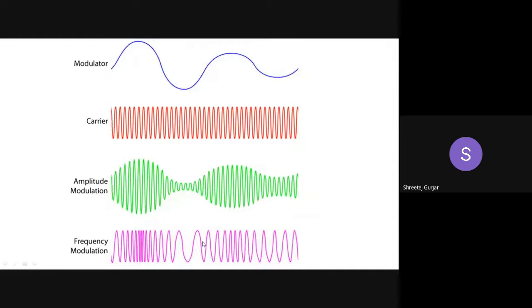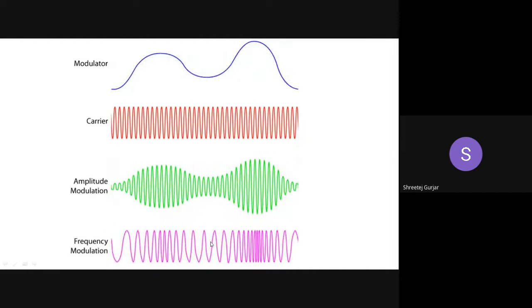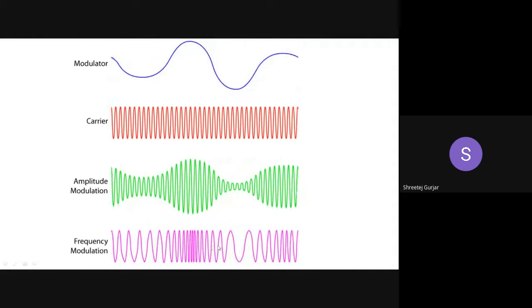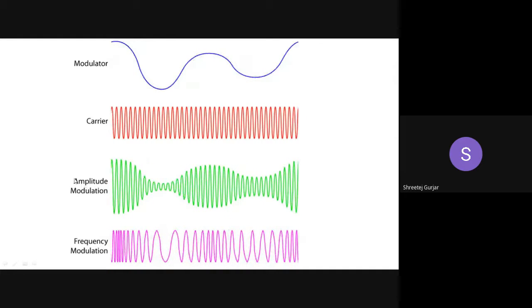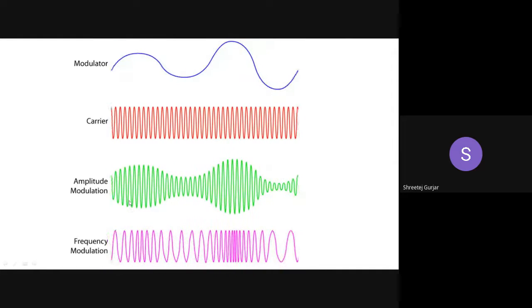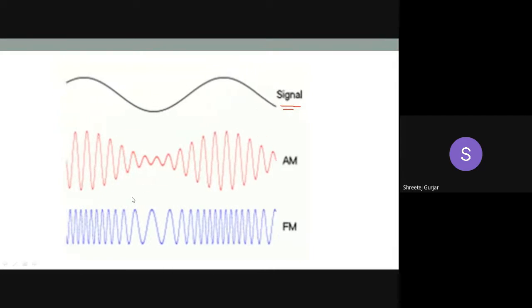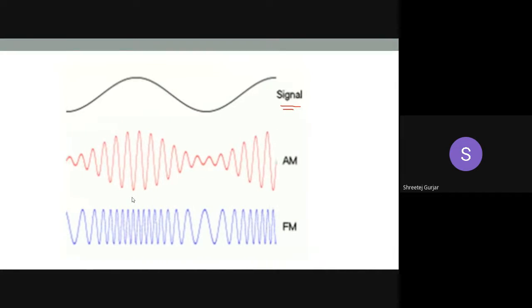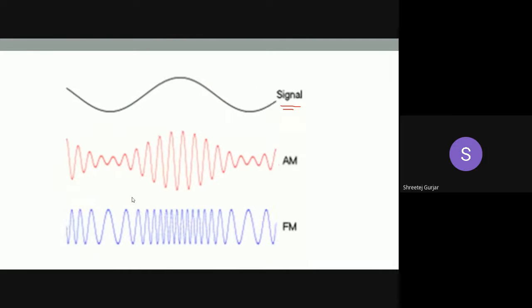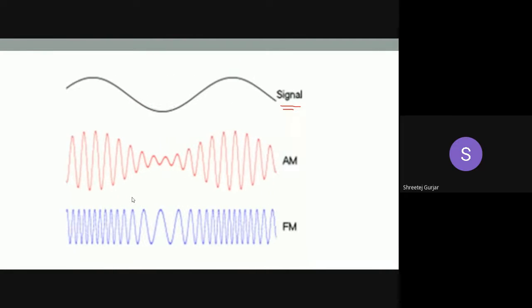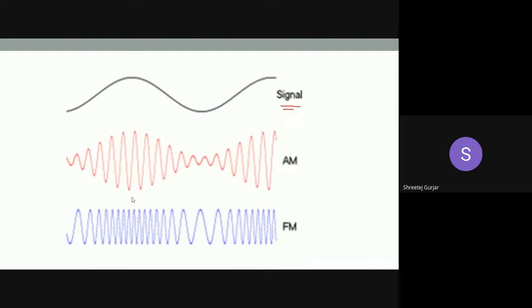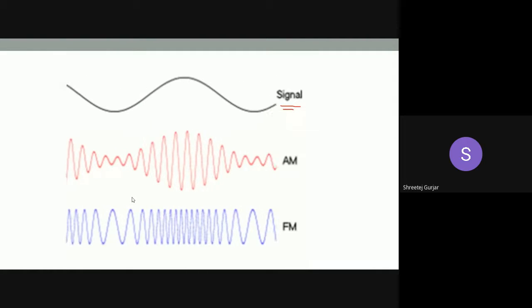The frequency is increasing and again decreasing. Frequency goes on changing. So this is the difference between amplitude modulation and frequency modulation. One more animation shows the same difference. I hope the modulation part is clear, what is meant by modulation and the different kinds of modulation.